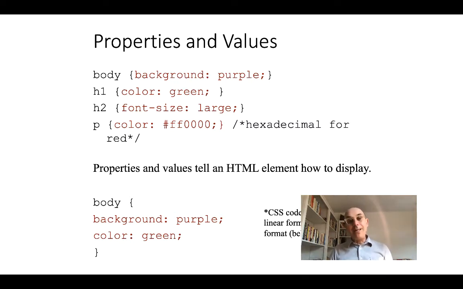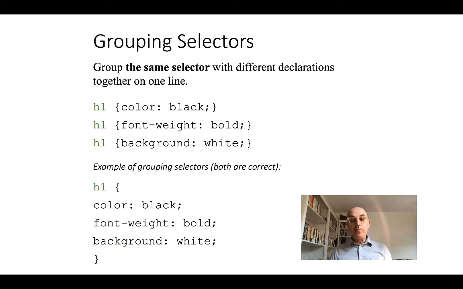You embed that into the syntax of the style sheet, and you can group selectors. For example, in the style sheet you can take H1 and give it a different look. It can be black, it can have font weight bold, and it can have a white background.